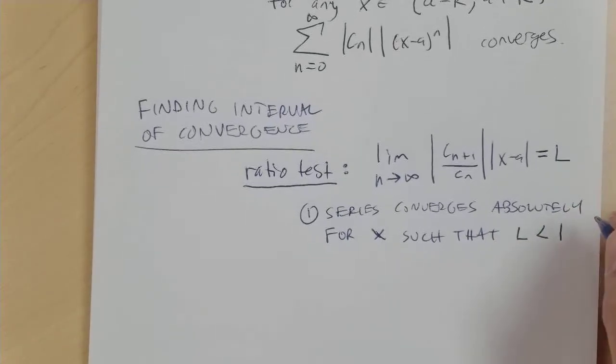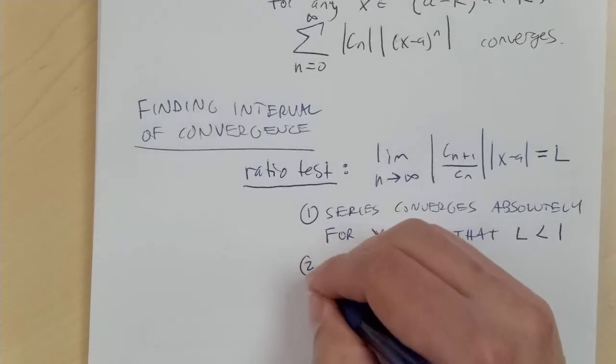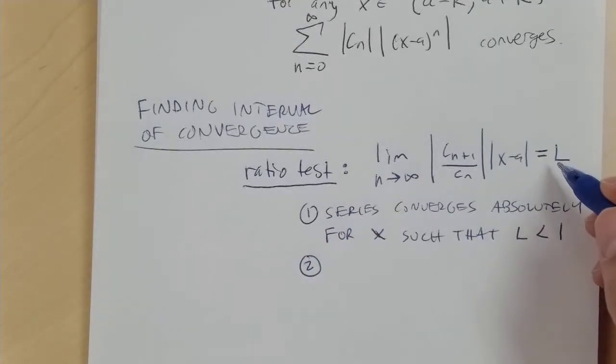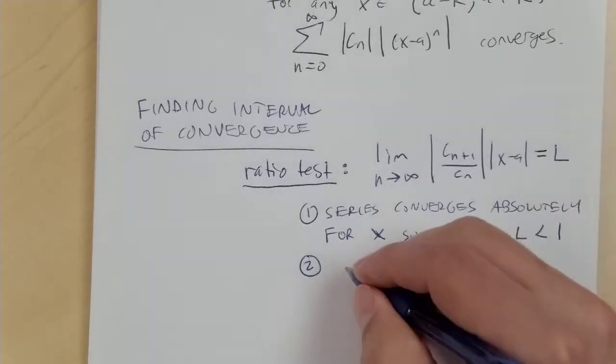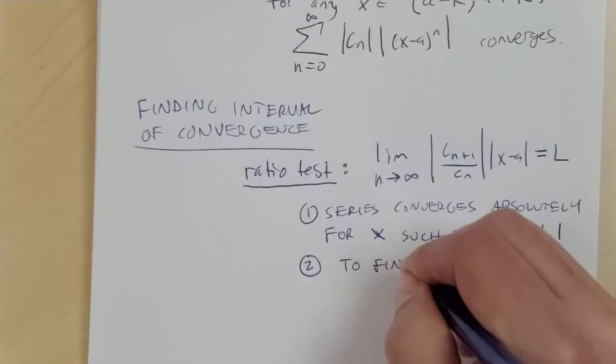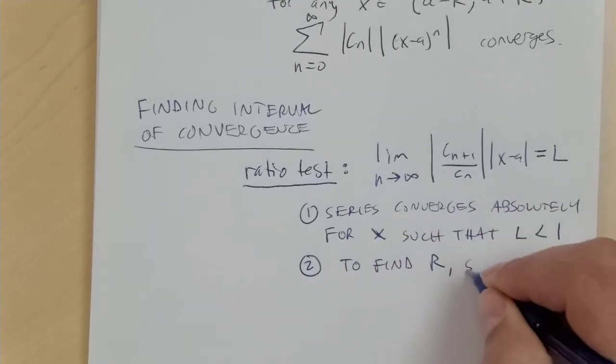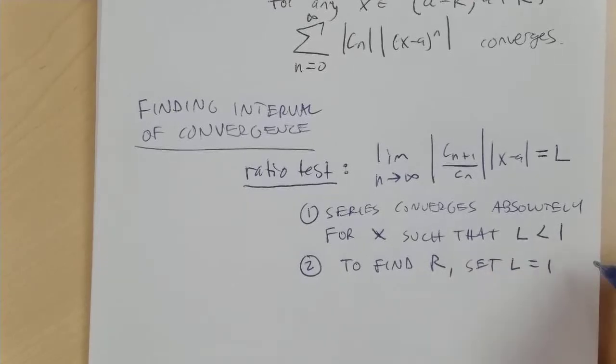Okay? So to find what the radius of convergence is going to be, you set L equal to 1.